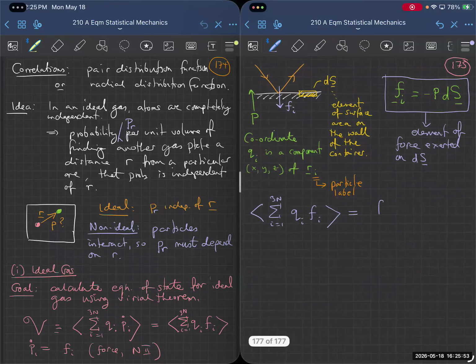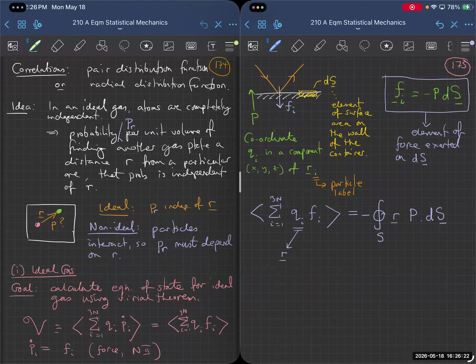It looks like the integral around the surface, and then this q becomes r, and then the force is P dotted with dS, but there's a minus sign because of the direction of the force compared to the pressure.